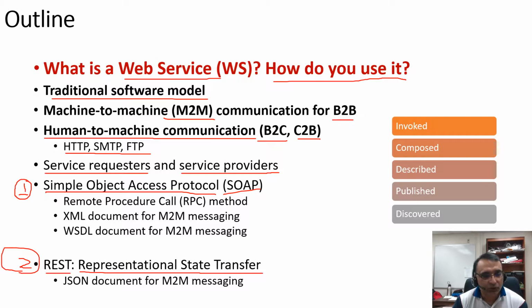In SOAP, we usually use RPC and XML, and then in REST we use JSON format. How do we use web service? We invoke them, compose them, describe them, publish them, and discover them.